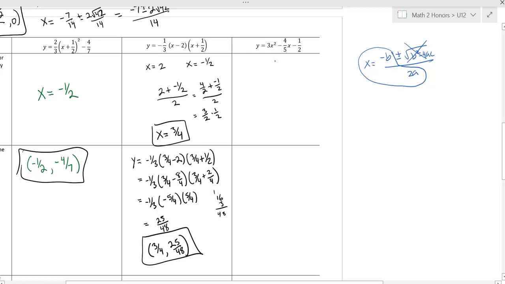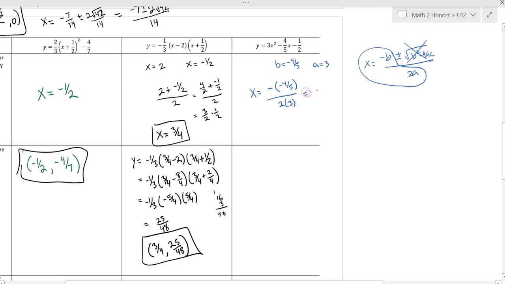So in this case I have b as negative 4/5, and a is 3. And so x equals negative b, it's a double negative there, over 2 times a.